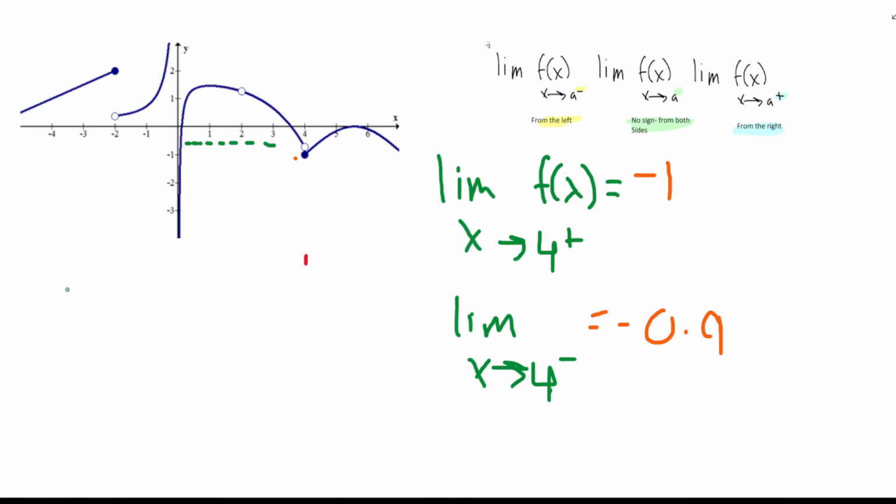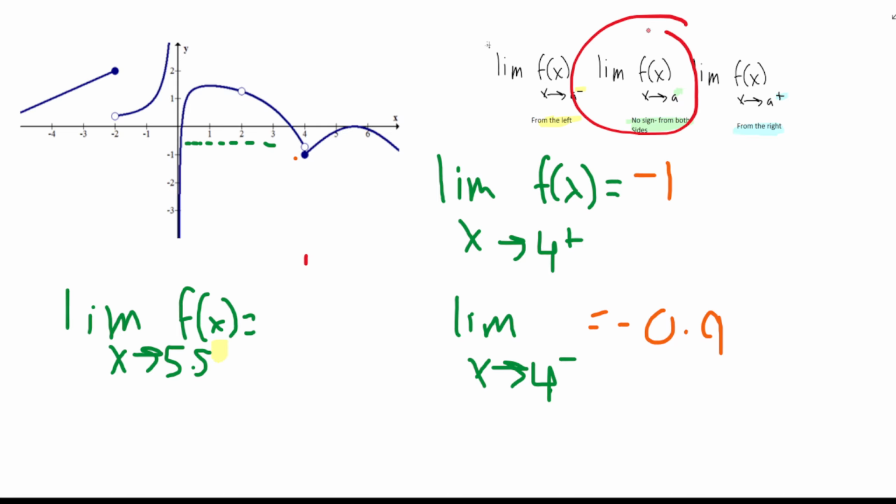Now, let's say I were to ask you, what is the limit as x approaches 5.5 signless? Signless means there's no sign and we need to approach the limit from both sides. 5.5 is where this red dotted line is.